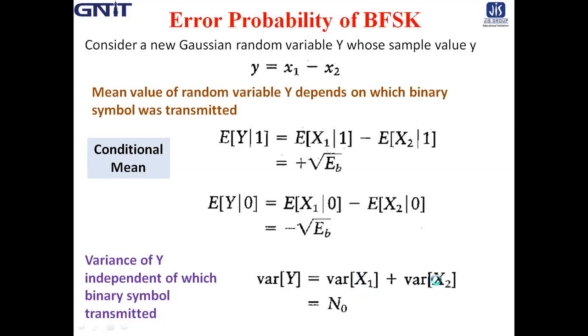Individually each is N0 by 2, so their summation is N0. In that way we can determine the mean value, better to say conditional mean value, and variance.